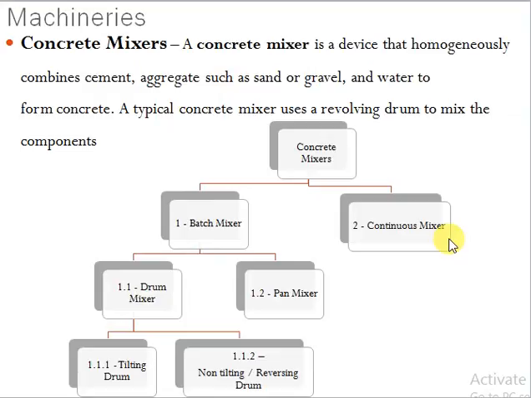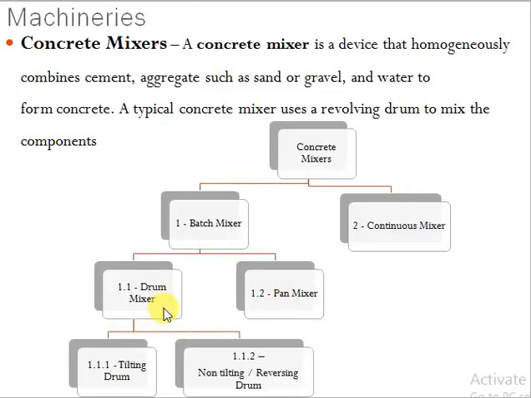Now we'll study the advantages and disadvantages of these two types of mixers, but first let's have a further understanding of batch mixers. A batch mixer also has two types: drum mixer and pan mixer.